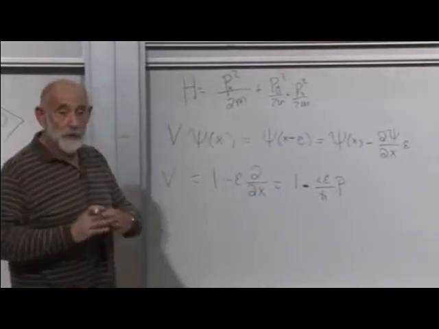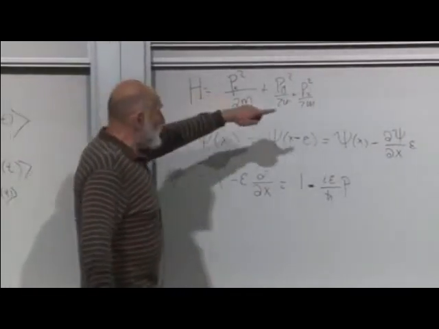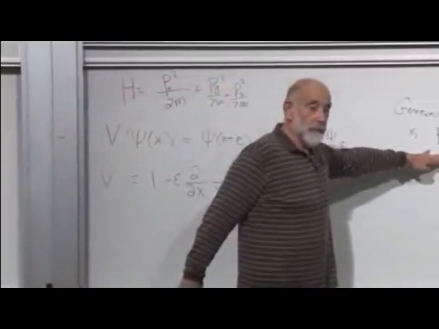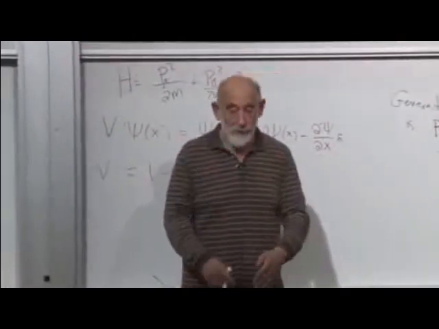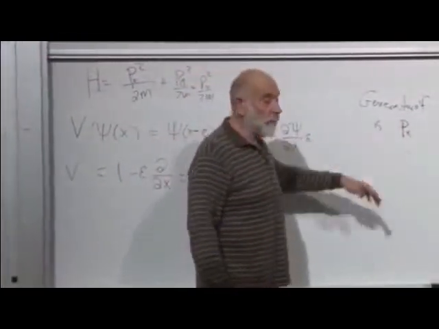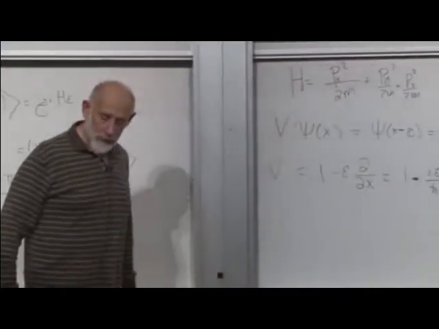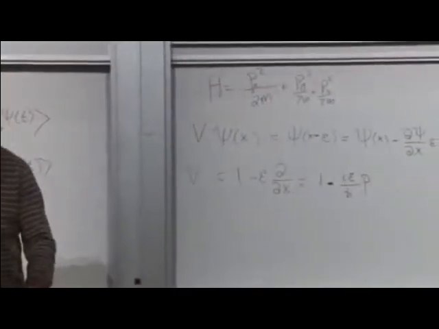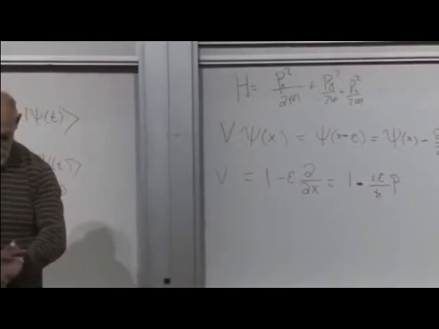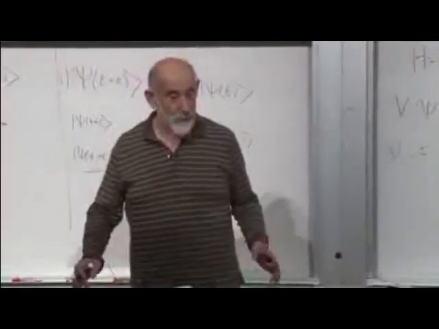The translation symmetry along the x-axis is still just px. Translation along the y-axis, the generator is py, and so forth. And each of them commutes with the Hamiltonian. So this is an example of the connection between symmetries and conservation laws, which is very simple.